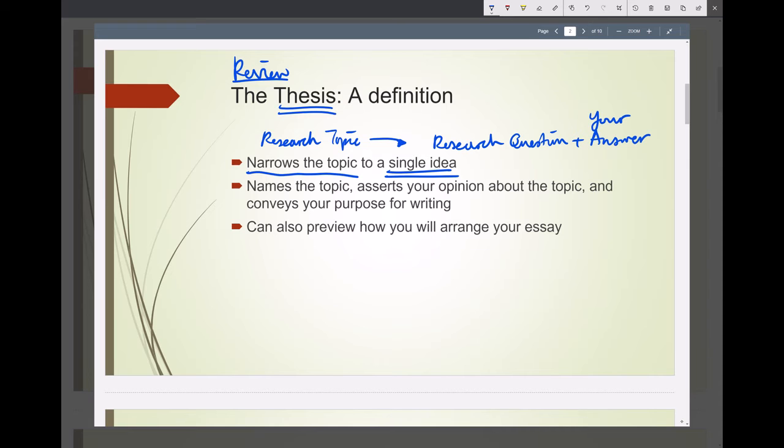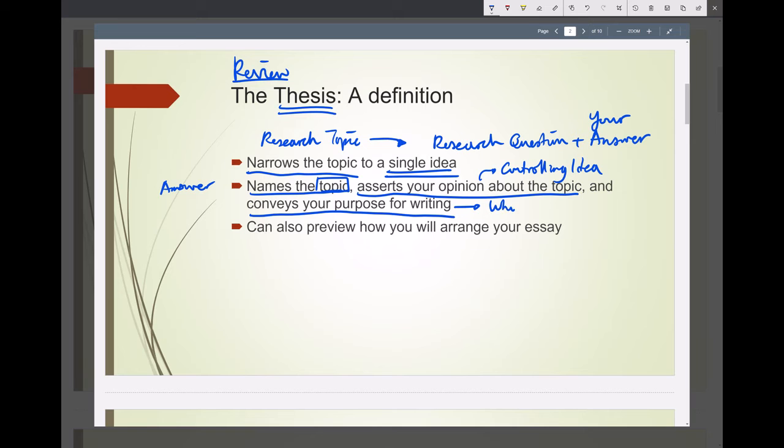In this answer, your thesis statement, you would name the topic, you assert your opinion about the topic, and this is your controlling idea. And it also points readers to the purpose of your reading.